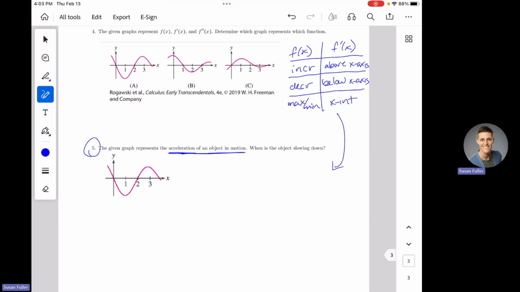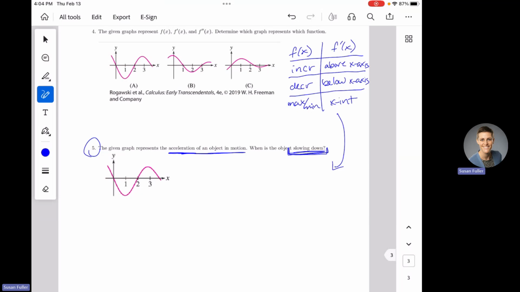This is the acceleration of an object. That's what this graph gives me. And I'm asked, when is the object slowing down? If something is slowing down, what does that mean?